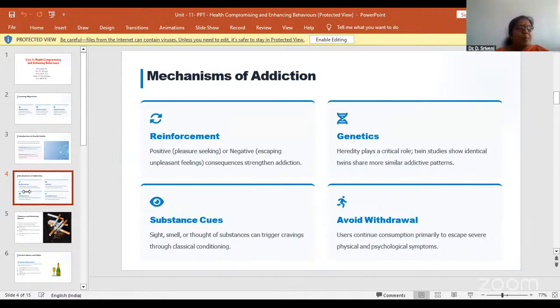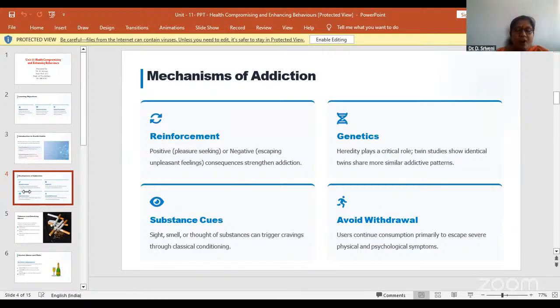Now, the nature of health compromising behavior. Health compromising behaviors are defined as habitual actions that act as physiological and psychological stressors.